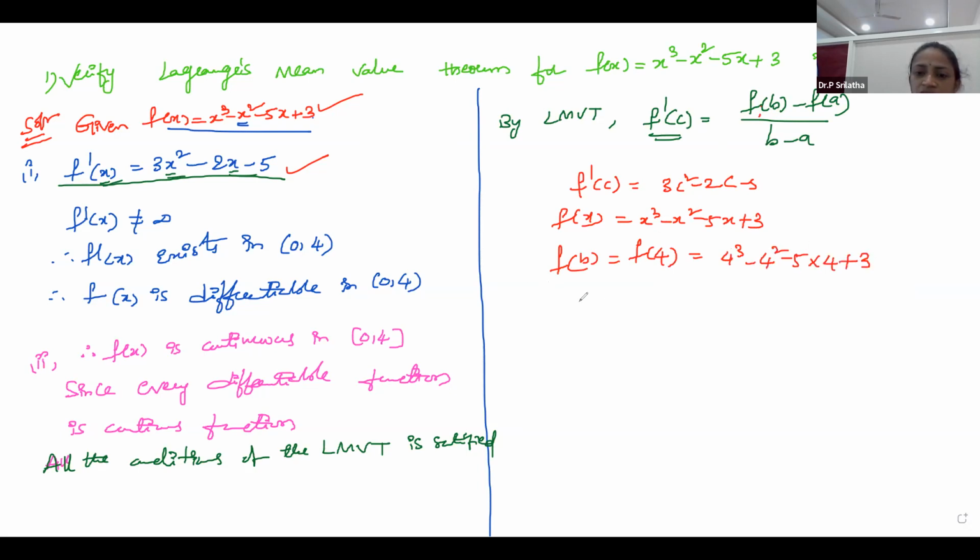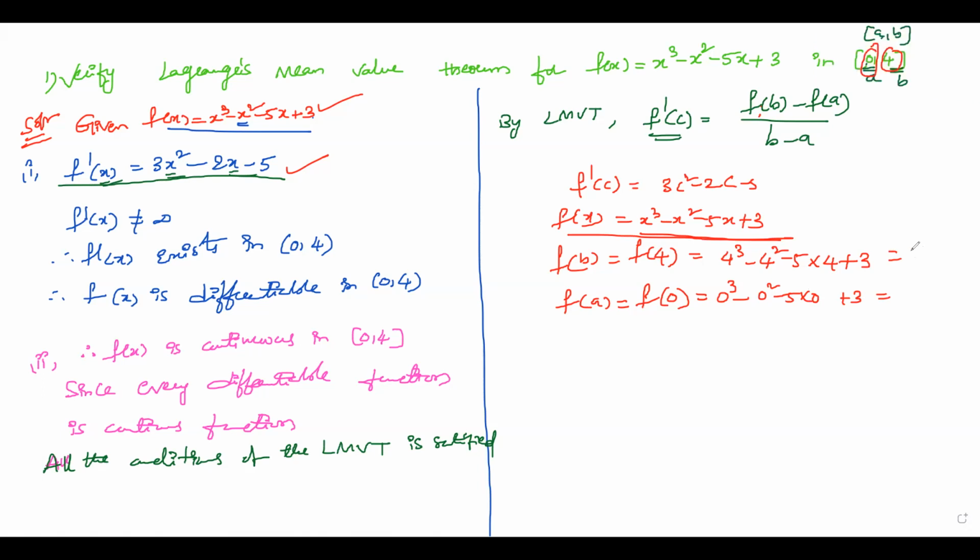Next f of A. A value is 0, and B value is 4. Now we substitute 0 instead of x: 0 cube minus 0 square minus 5 into 0 plus 3. So what is the value of f of B and what is the value of f of A?